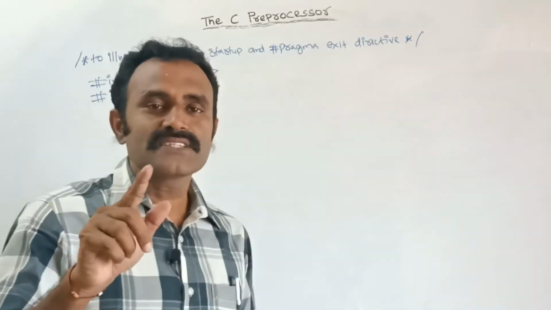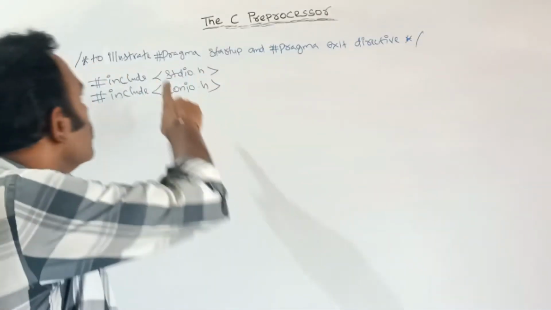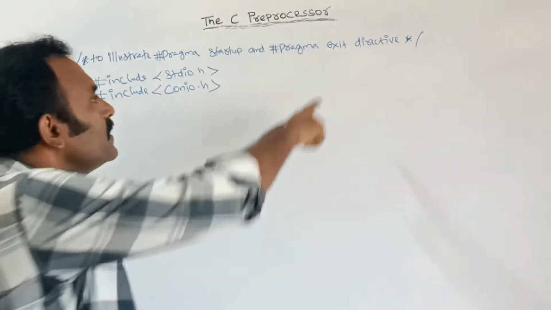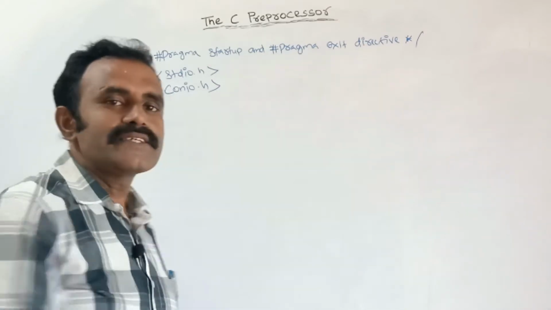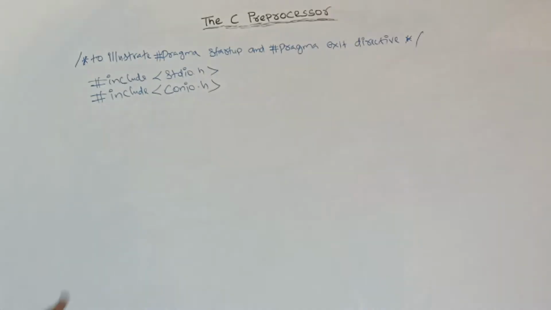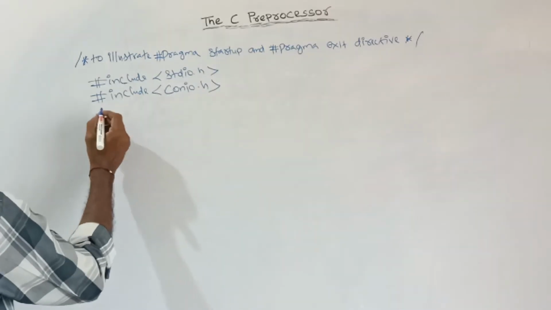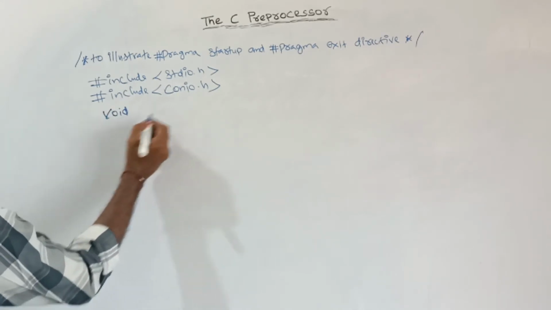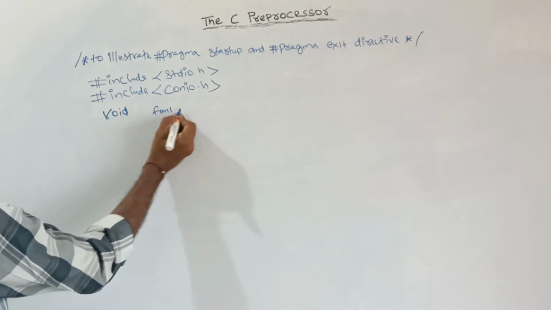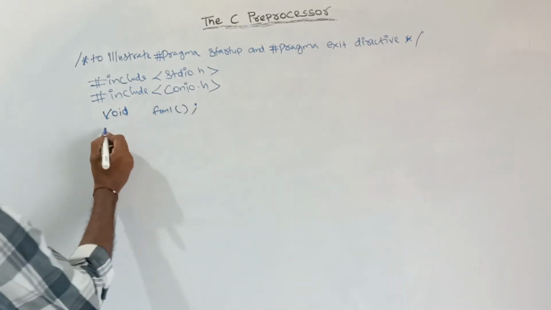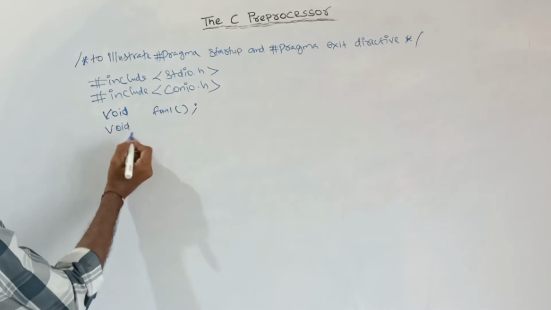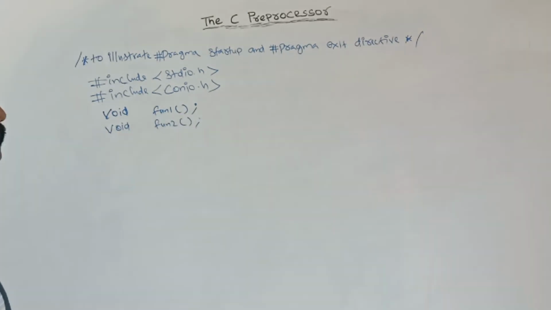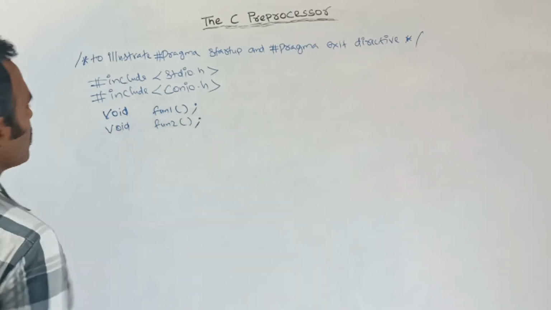The first function, fun1, is given to the pragma startup directive, and the second function, fun2, is given to the pragma exit directive. So here I need to declare the two functions. The first function name is function1 or fun1. Next I am declaring another function, fun2. Totally two functions I have declared.